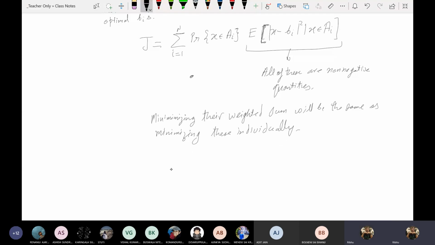what we have reduced our minimization problem to is, given A_i, minimize over b_i the expectation of (x minus b_i) whole square. We know that x is in A_i, so I remove this.